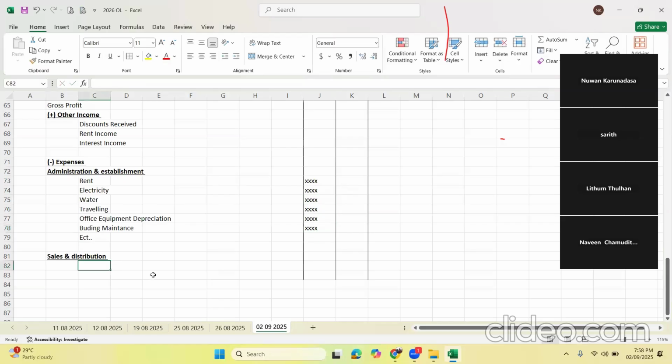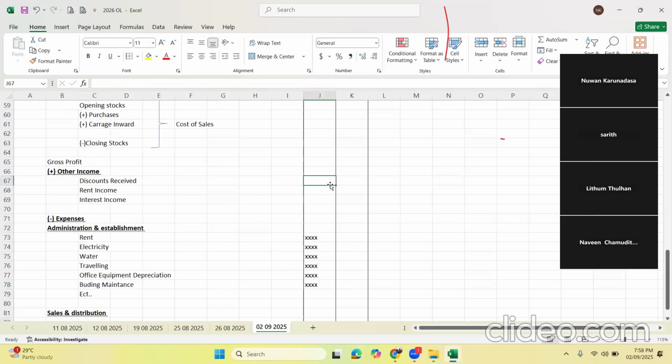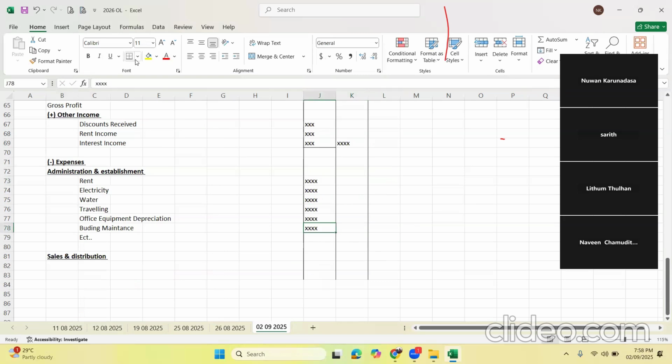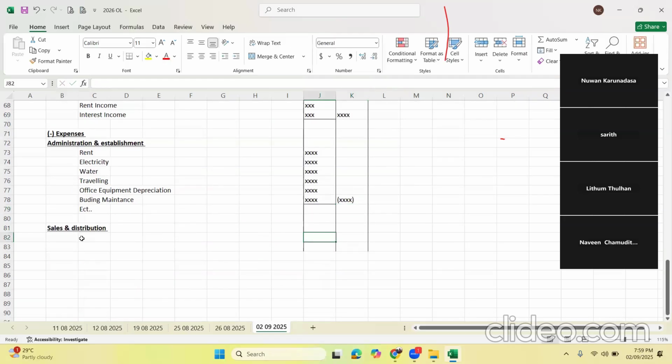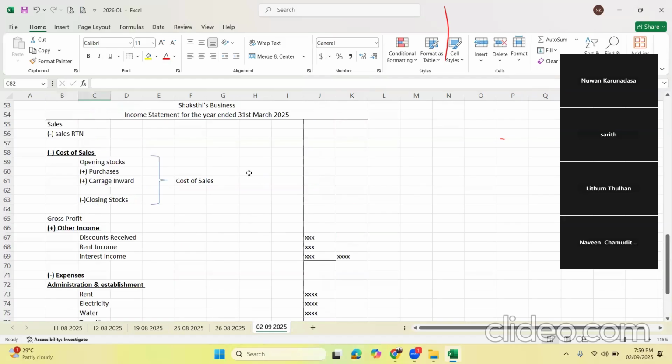Then you underline here, get the total, then deduct, because expenses are minus, no?